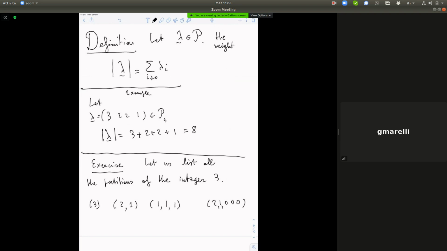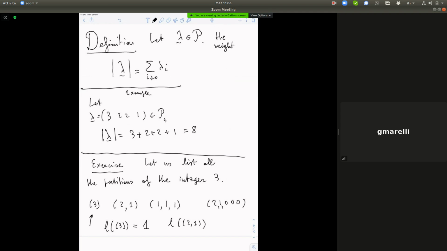Then I'd like to ask the young people, what is the length of this partition? It is 1. What is the length of the partition 2, 1? Is there somebody, like Christine was there? Christine, do you want to tell me the length of this partition? Yes, Elise is the name.